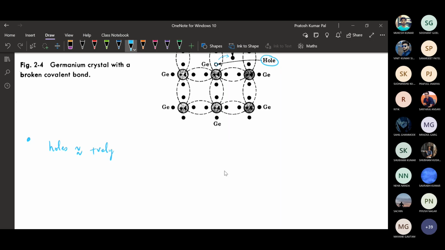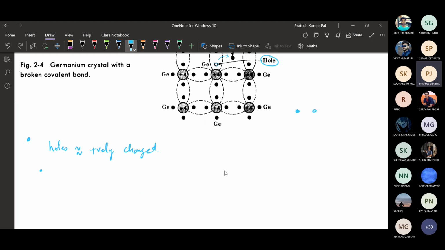Okay, and also, this positive charge is like an assumption. Electrons are negatively charged, but holes are considered positively charged because these holes react opposite to the electrons.